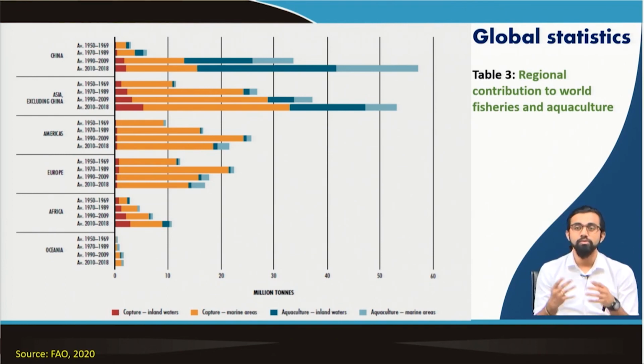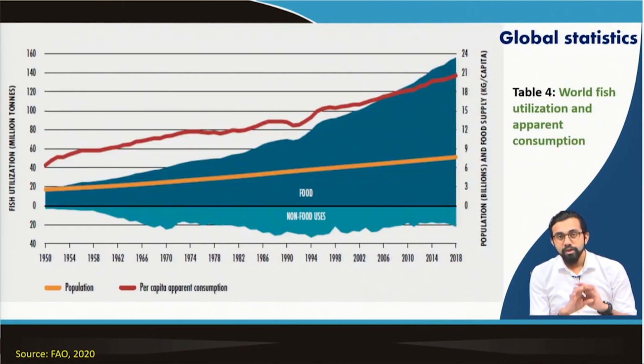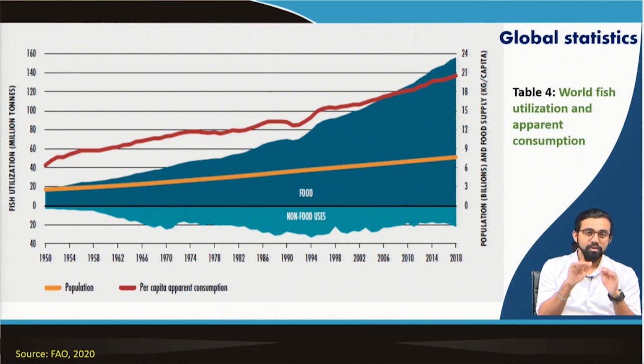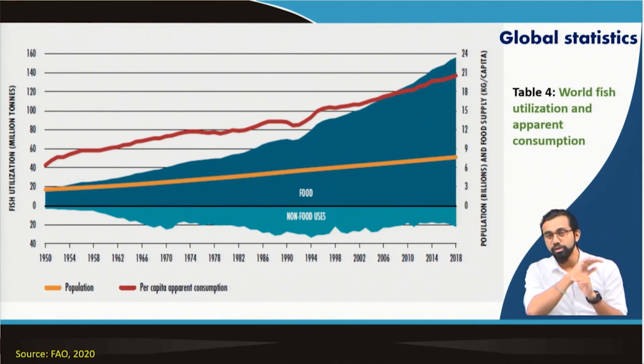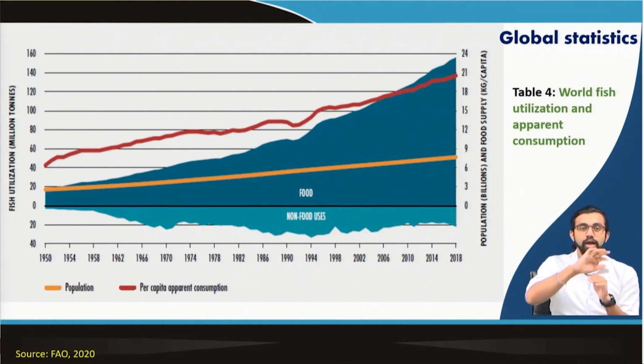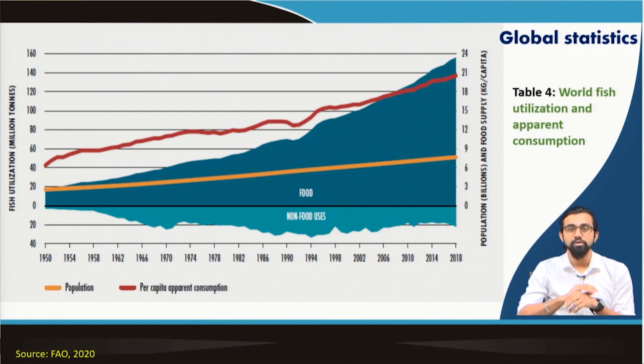We need collaboration from philanthropists, from NGOs, from policymakers, and from the normal young population like you. Everyone has to come forward and start working on it to make things different. This is another interpretation of the table that we have seen. This yellow line shows the population, and this red one is the per capita apparent consumption.